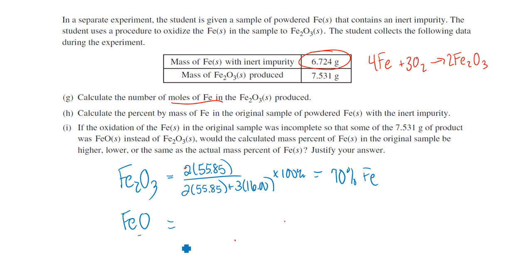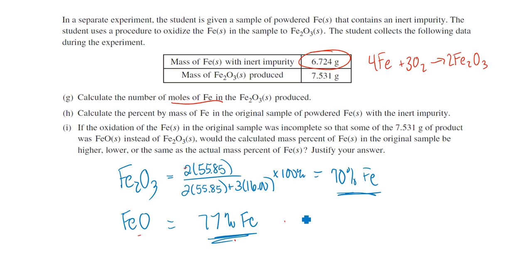If you do that same calculation for just FeO, we'll find that it is 77% iron by mass. So if you assume that your product is 70% iron, but it actually is 77% iron, you're going to underestimate the amount of iron in your sample.